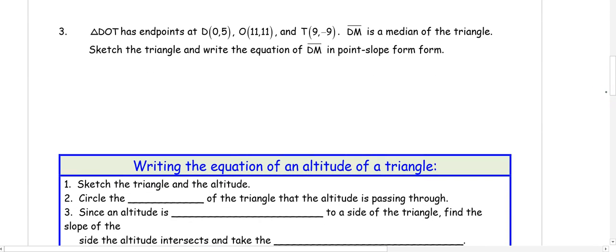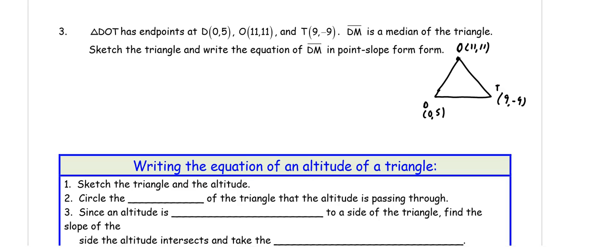Number 3, triangle DOT has the end coordinates. DM is the median. Sketch the triangle and write the equation of DM in point slope form. So again, I'm just going to draw my triangle. So I have D, which is at the coordinate 0, 5, O, which is at the point 11, 11, and T, which is at the point 9, negative 9. So I want to find the median DM.